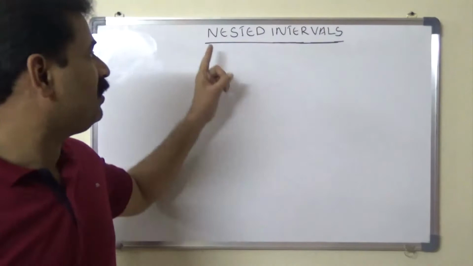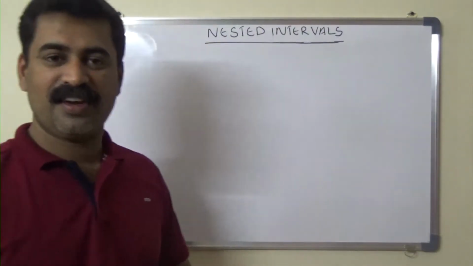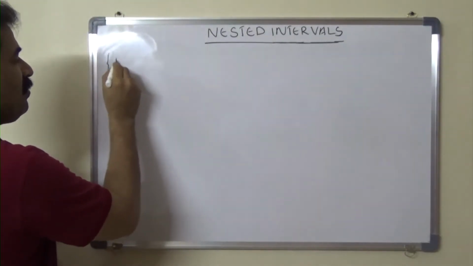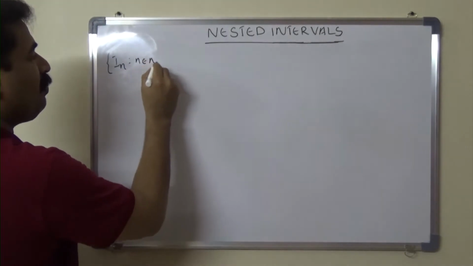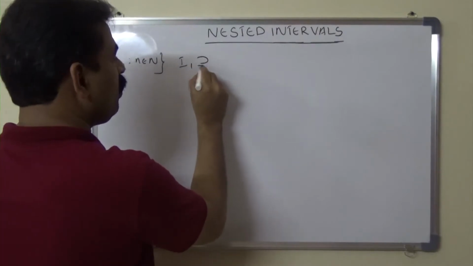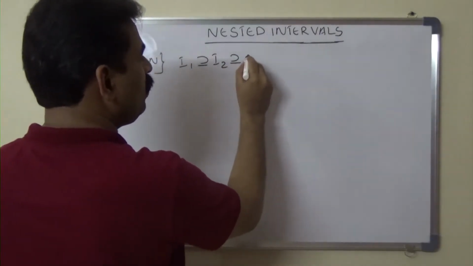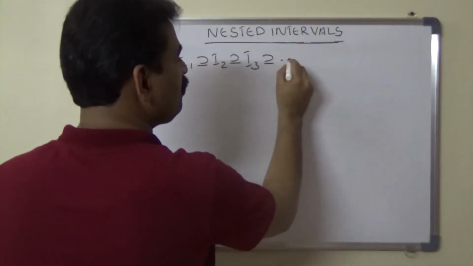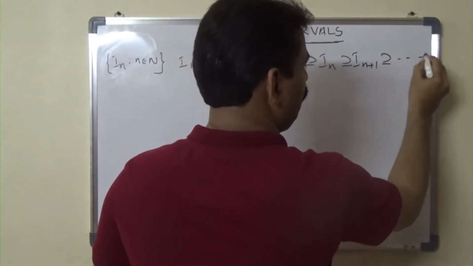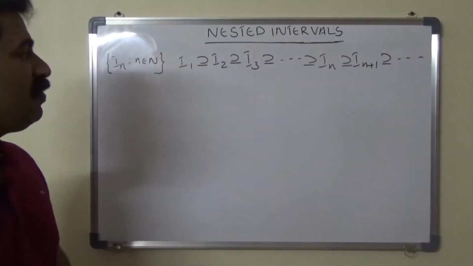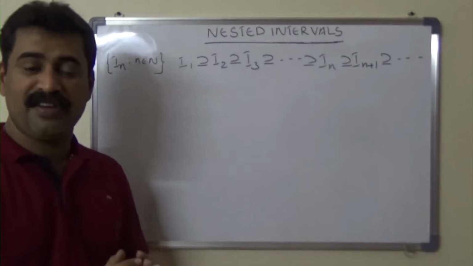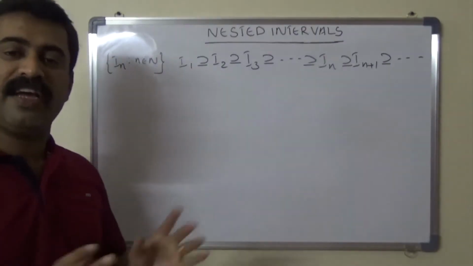Today, I am going to take the topic nested intervals. Nested intervals is the collection of intervals I_n, n belongs to N, having the property I1 superset I2 superset I3 superset, and so on, I_n superset I_(n+1).